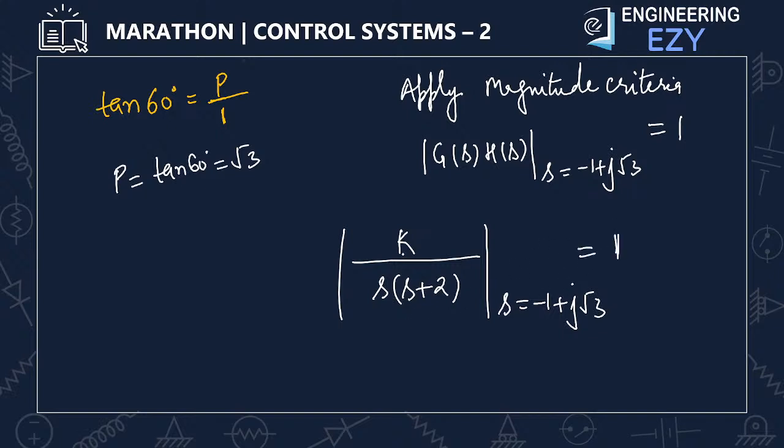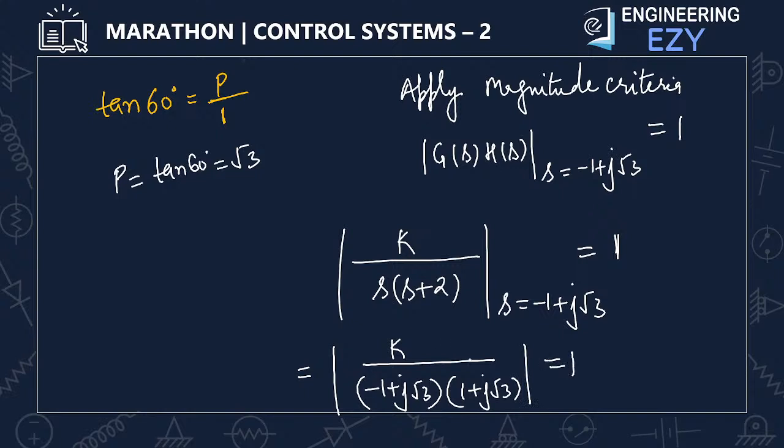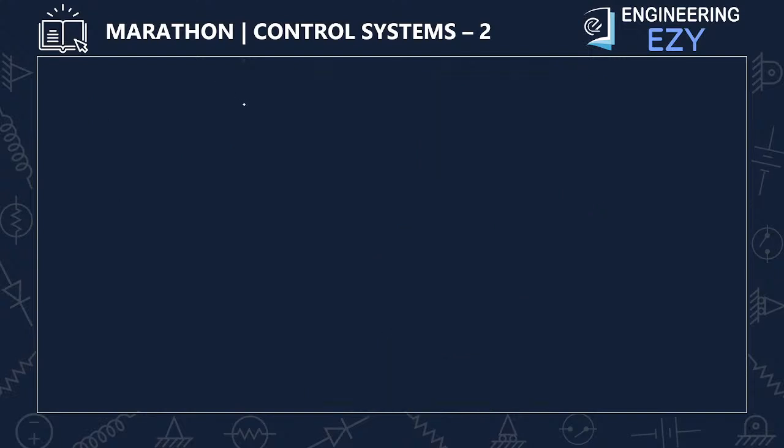So put s equal to -1 plus j root 3 here. In s plus 2, if I put s equal to -1 plus j root 3, it is 1 plus j root 3. K is positive real, so K upon modulus of 1 plus j root 3, which is 2, is equal to 1. So the value of K is equal to 4.